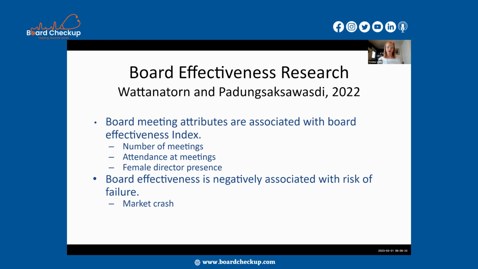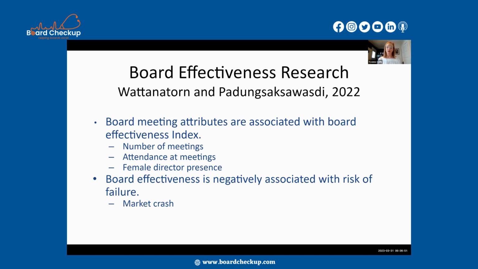And this study by Wanatorn and Pedunkasav created an index of board effectiveness, and they included a number of attributes of meetings, including the number of meetings, attendance of meetings, composition of directors attending meetings.